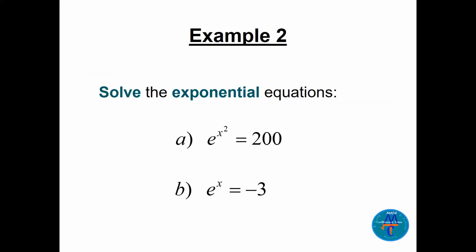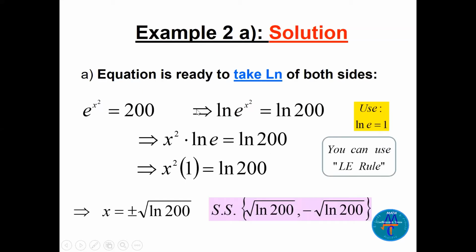Now let's look at example number 2. We have two parts here. e to the power x squared is equal to 200. See, this is exponential. The base here is e, and the number here is 200. We cannot make them the same base. So let me show you what to do. We take ln on both sides. So we say ln of e to the power x squared is equal to ln of 200.